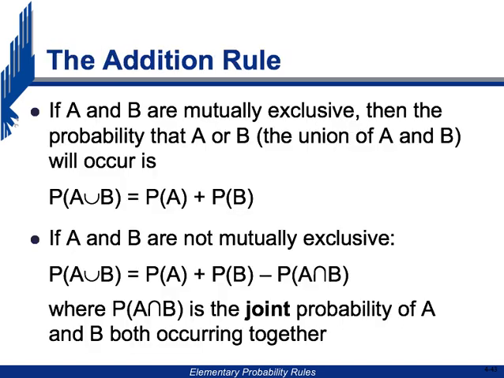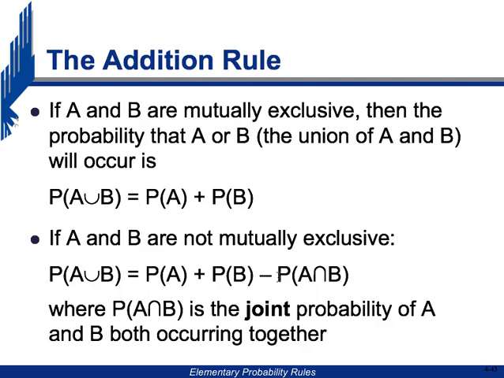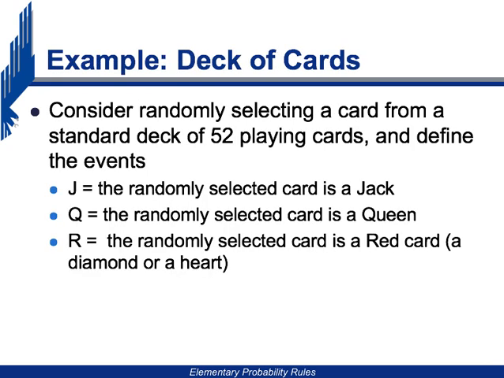That's why we deduct it once so that we get only the probability of the union of A and B. Now, if the two events A and B are mutually exclusive, you can still use this formula, because remember, if events are mutually exclusive, then the probability of their intersection will be 0. Therefore, it will not affect the computation since the value that should be deducted is just equal to 0.